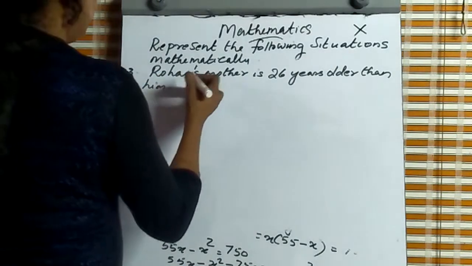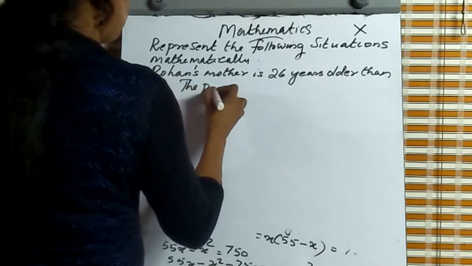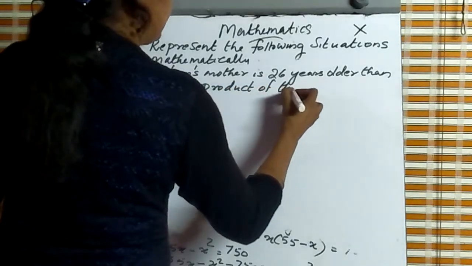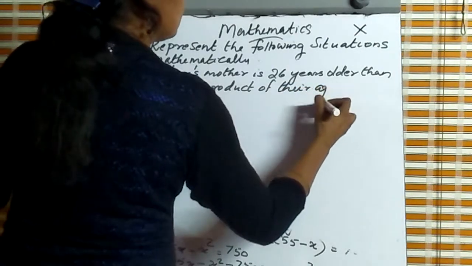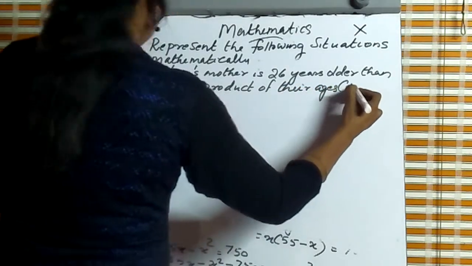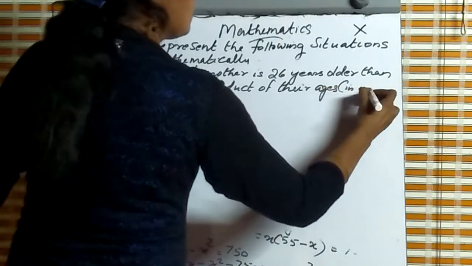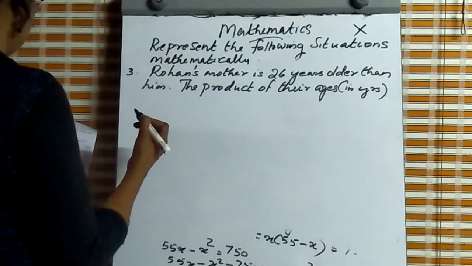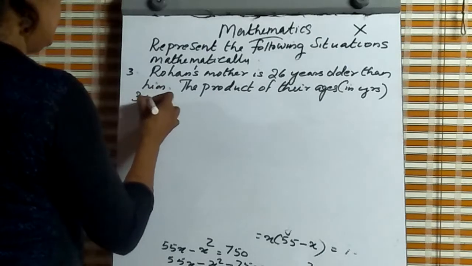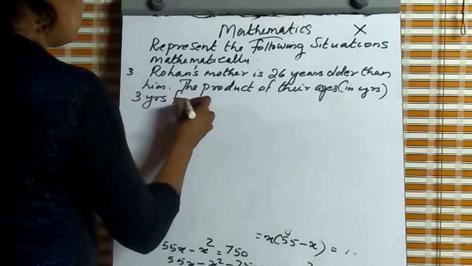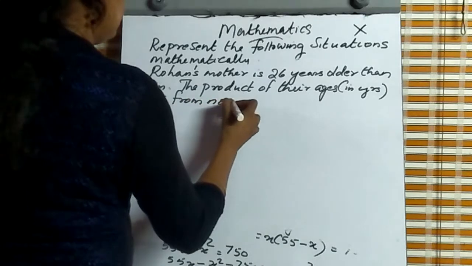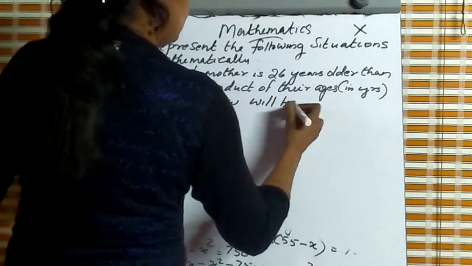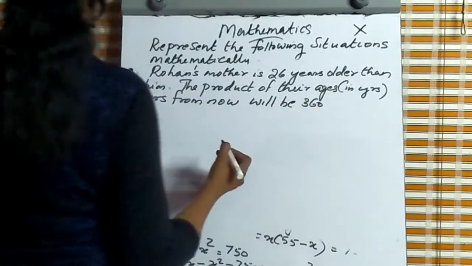The product of their ages in years three years from now will be 360.